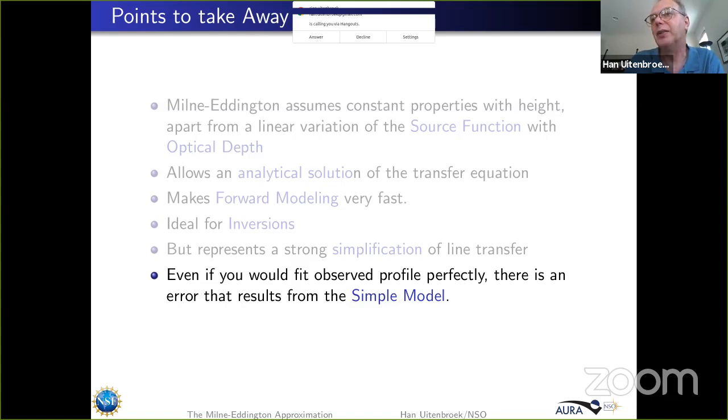You hide some of that in the assumption of the Planck function. But what you lose is basically that your model loses the ability to determine at what height in the atmosphere you are. Yeah, thanks.